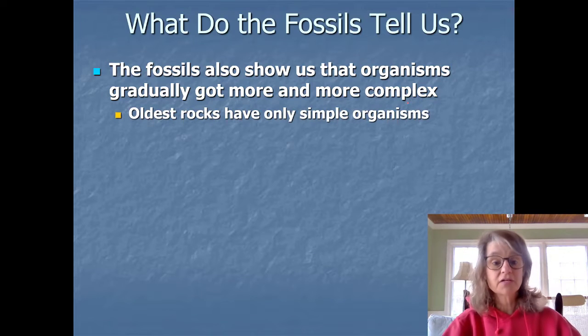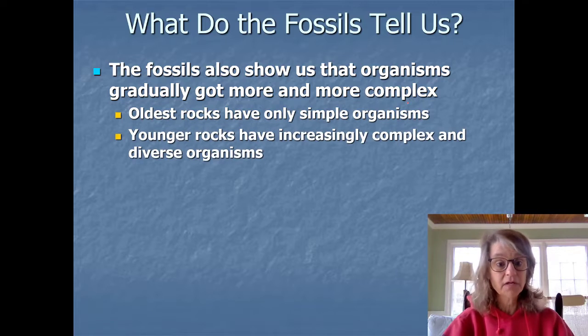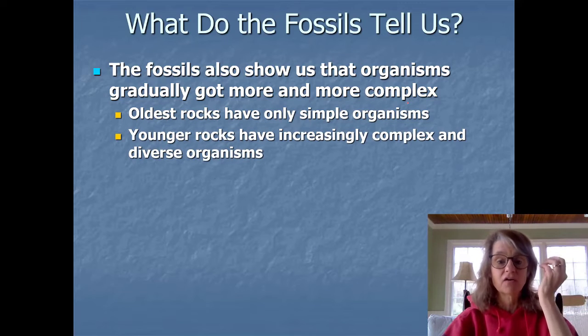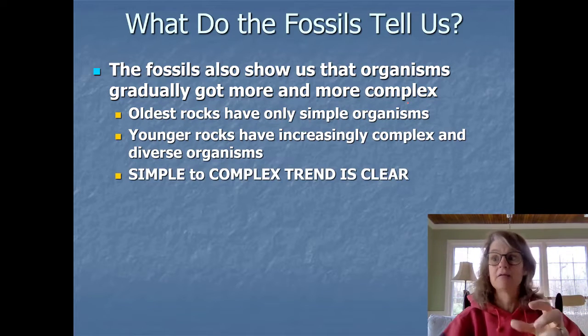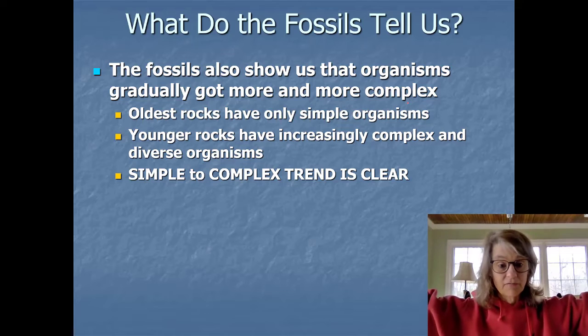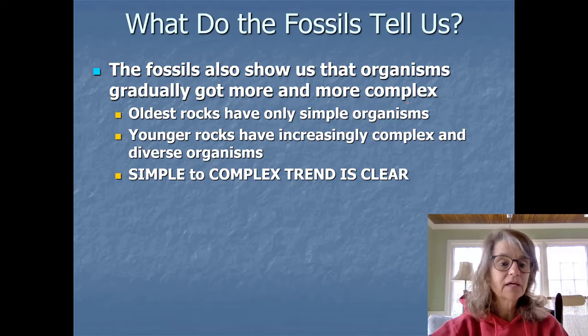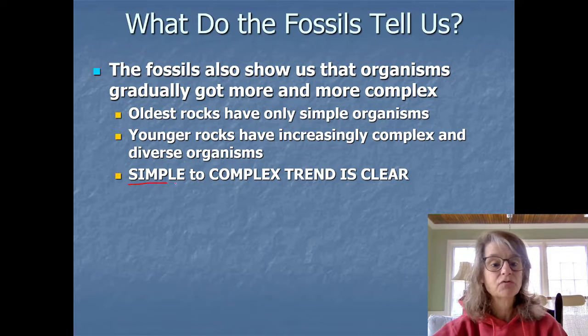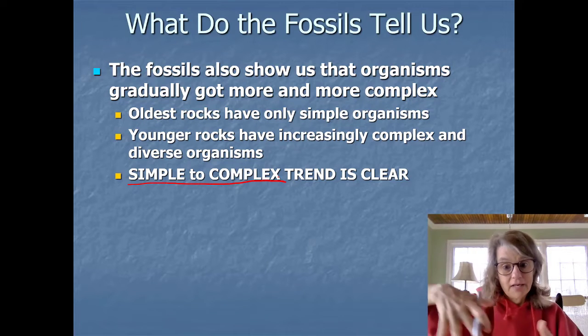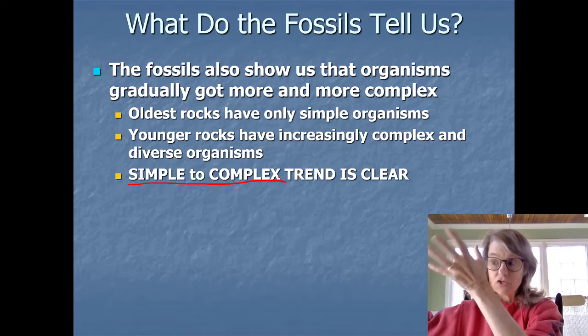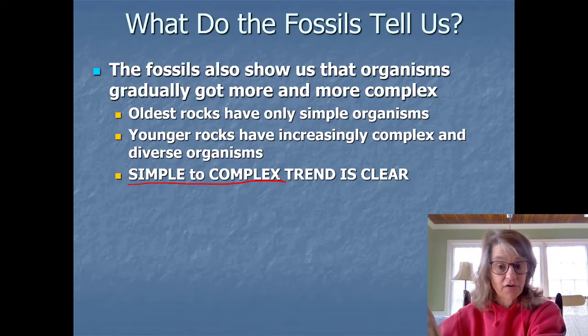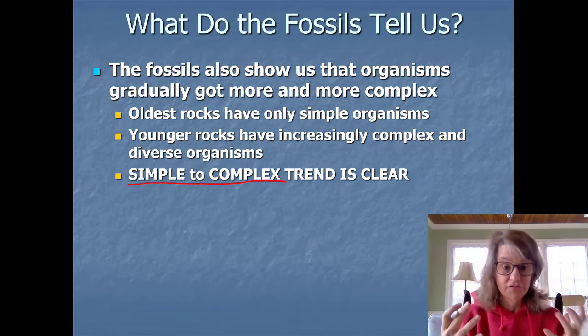The oldest rocks on Earth have only more simple organisms. The younger rocks have increasingly complex and more diverse, more different varieties of organisms. So this is really important for you to understand. The simple to complex trend in the story of life on Earth is clear in the fossil record.